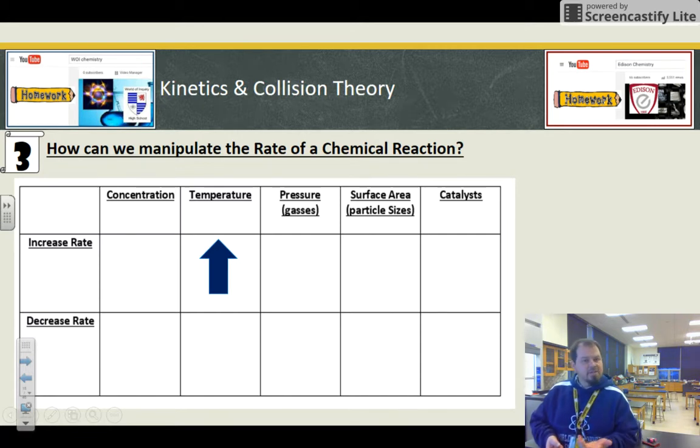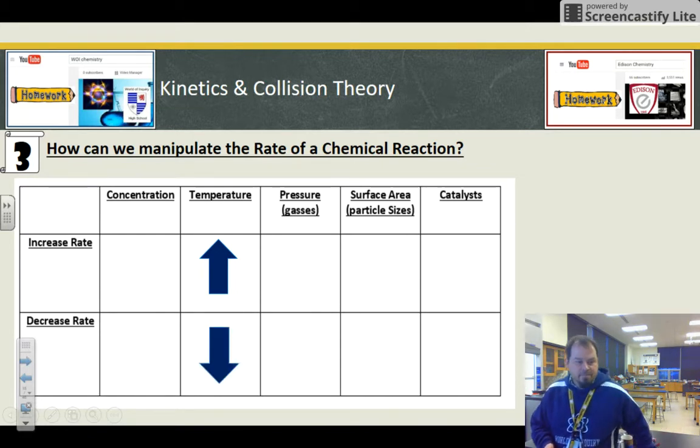How do I get more collisions? Heat it up. They start moving around faster, they're most likely going to collide. It's kind of like bumper cars. You got bumper cars going around really slow, or you got bumper cars going around really fast. How many more collisions do you have that are effective that makes your head go boom, right? There we go. Increase the temperature, increase the reaction rate. If I decrease the temperature, I will slow it down, and I'll make it go slower.